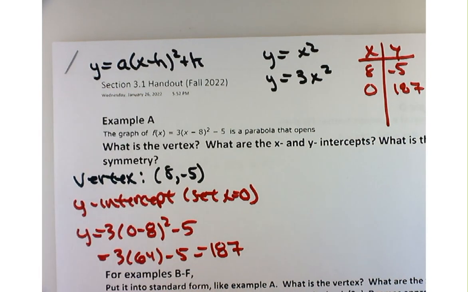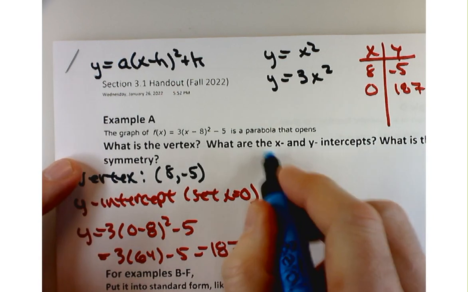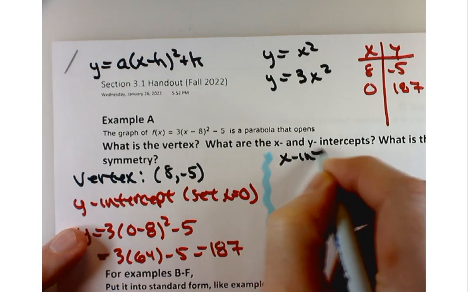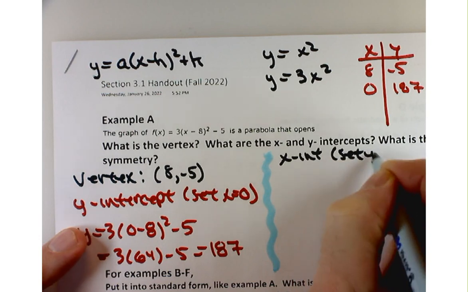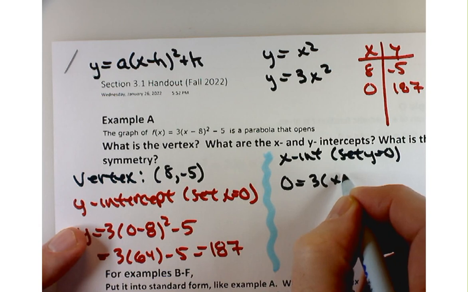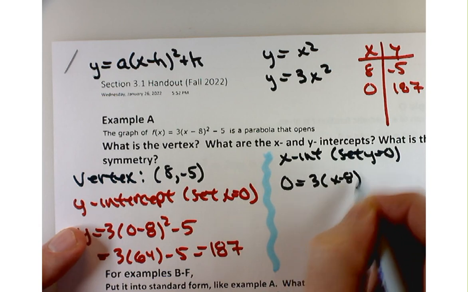How are you going to find the x-intercepts? Good question. How do you find the x-intercepts? Yep, you're going to set y equal to 0. So x-intercepts, set y equals 0. So this is going to be 0 equals 3 times x minus 8 squared minus 5.